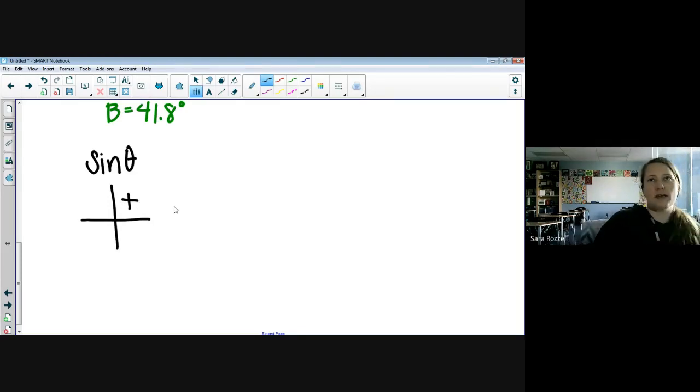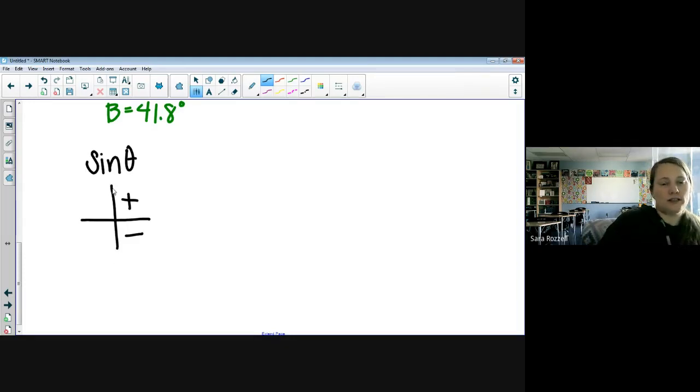We could also have something negative. Where is a quadrant where sine is negative? Quadrant 3, it's negative in quadrant 3, and then what other quadrant is sine negative? 4, okay. We're looking in quadrant 4 for our negative answers.